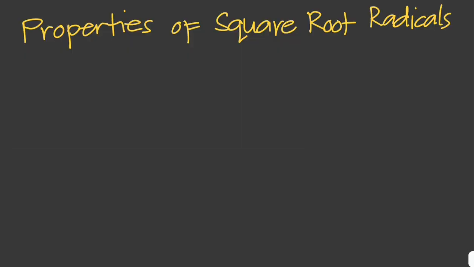Now let's talk about the properties of square root radicals. The product of the square roots of two numbers is the same as the square root of their product. Let's say we're given the square root of a times the square root of b. The product of the square roots of these two, a and b, is just the same as the square root of their product.